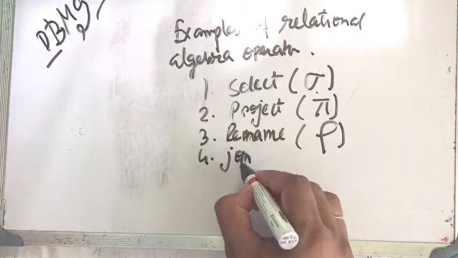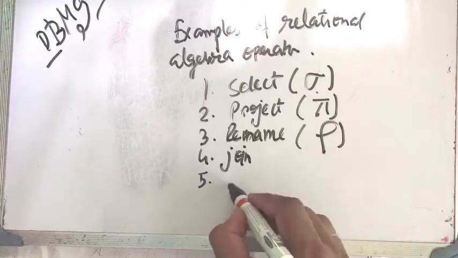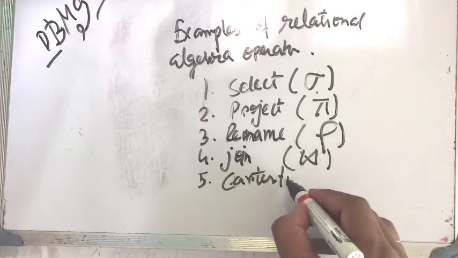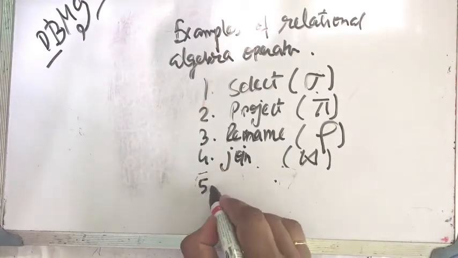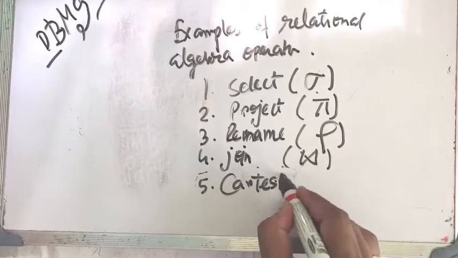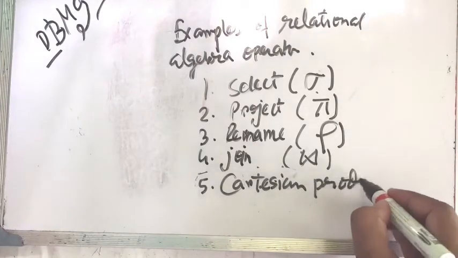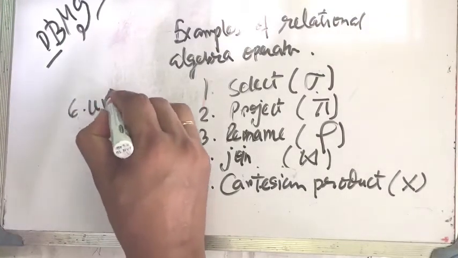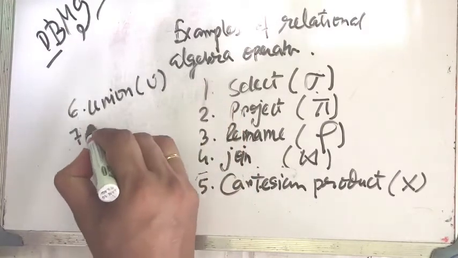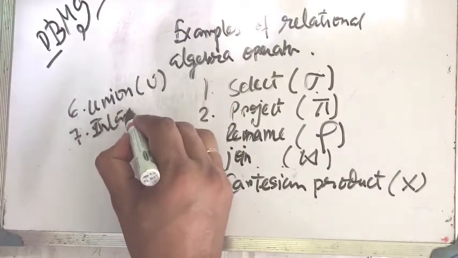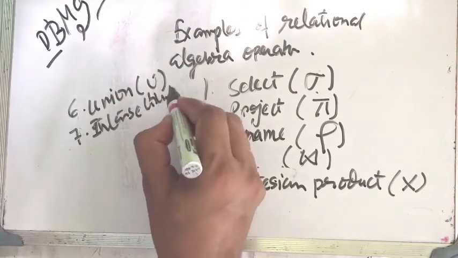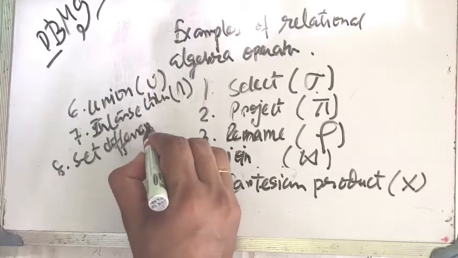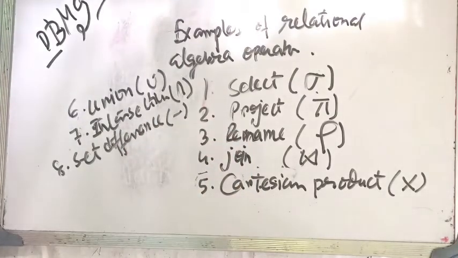Join, there are different joins. Natural join, Cartesian product, union, intersection, set difference, and division.